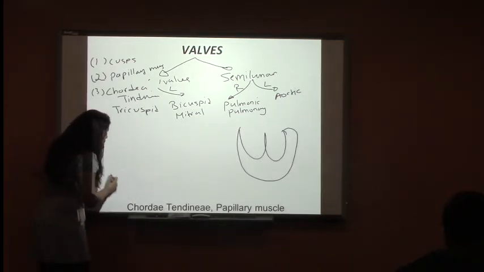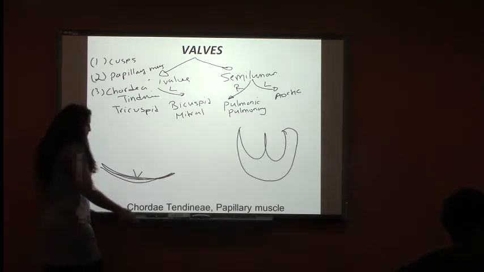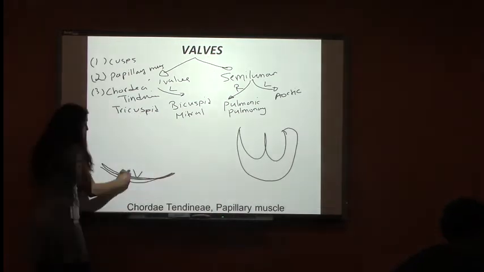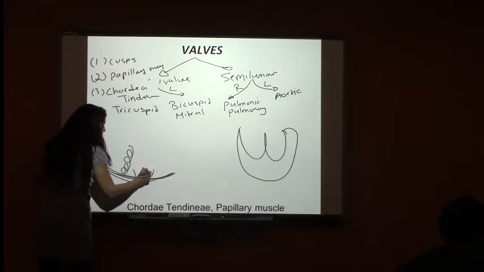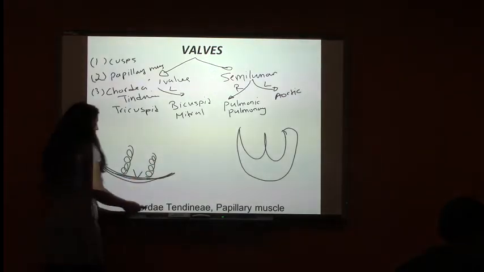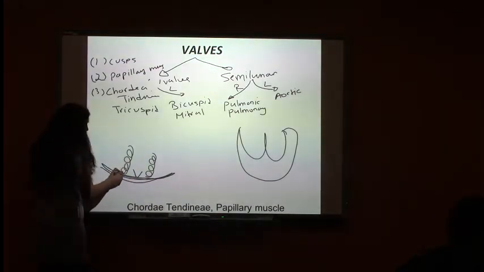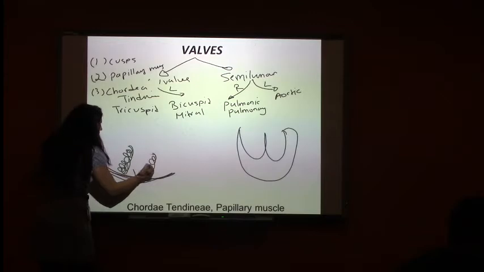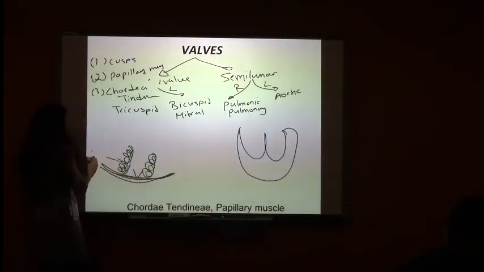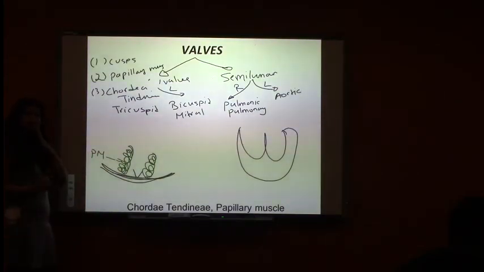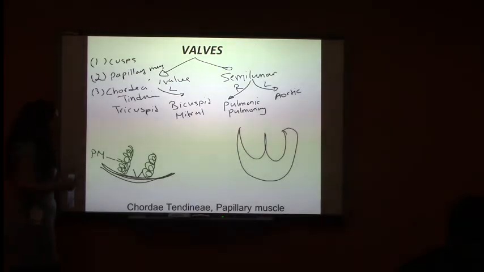Now, here is my ventricle. Okay, here's my ventricle. Extending from my ventricle are basically our papillary muscles. These papillary muscles are smooth muscles.